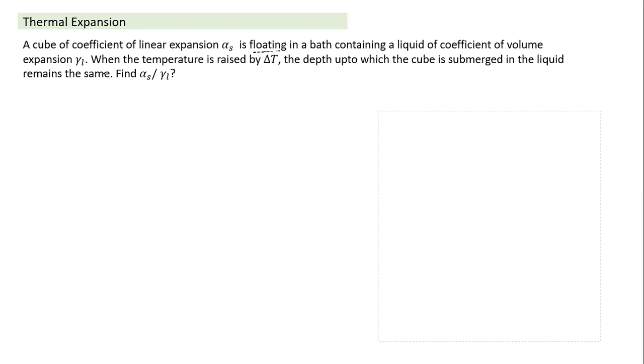Here a cube of coefficient of linear expansion alpha S is floating in a bath containing liquid of coefficient of volume expansion gamma L. Let's understand what will happen. There is a liquid here, with coefficient of volume expansion gamma L, and a cube is floating. We are taking a side view.